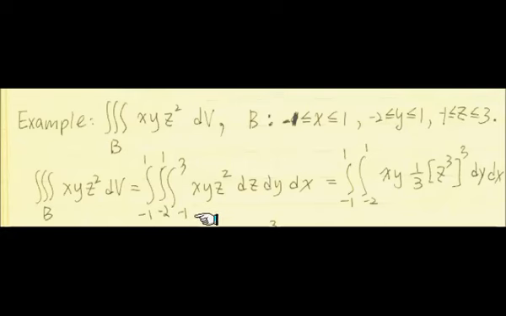Because the z integral is inside, we integrate first, keeping x and y as constants. If you integrate along z, that z squared is going to be 1/3 z cubed, evaluated at -1 and 3. There's a typo here, but you can evaluate that one at a time.